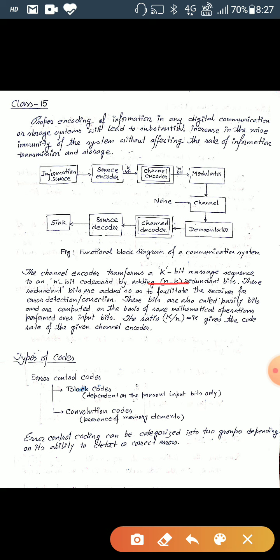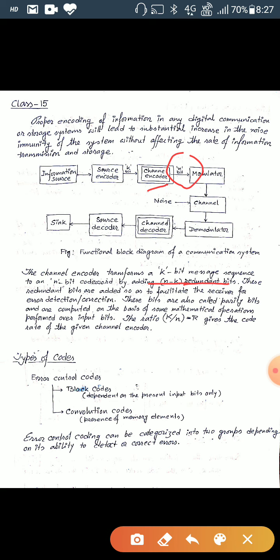For this reason, these n minus k extra bits, added at the channel encoder to represent the n-bit code word, are defined as redundant bits.